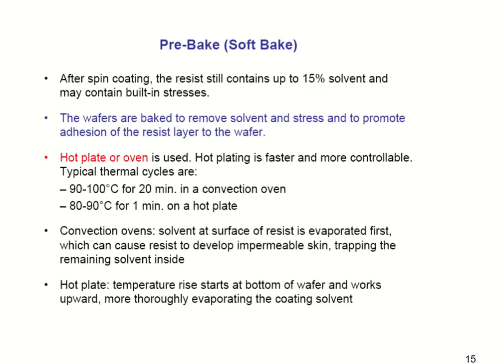That's why you need only 1 minute. In a convection oven, heat is delivered through convection in the air, so the wafer rises in temperature slowly, and it takes time. So I really strongly recommend using hot plate soft baking because it saves your time. That's why I'm talking about these two lines there.